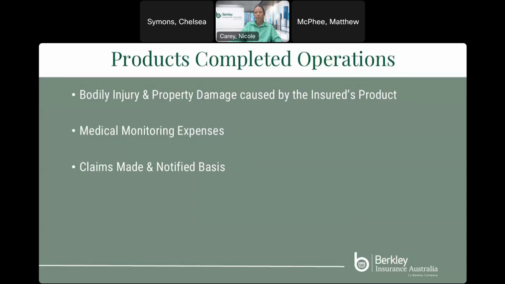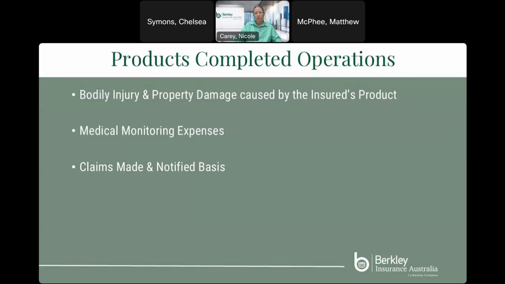Within the products liability insuring clause, we've got medical monitoring expenses. So this provides coverage for medical expenses incurred to conduct medical testing or medical monitoring of a claimant in the absence of a physical injury.